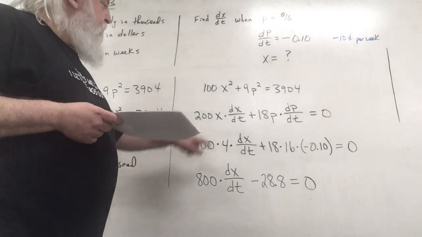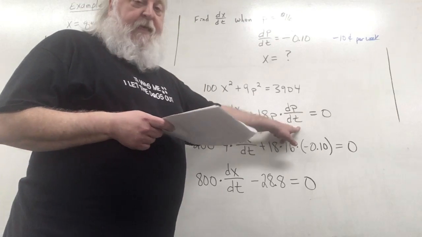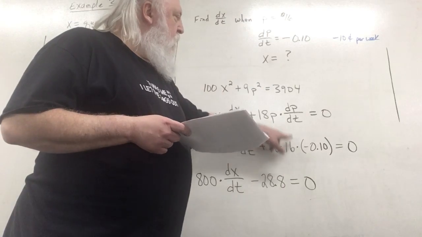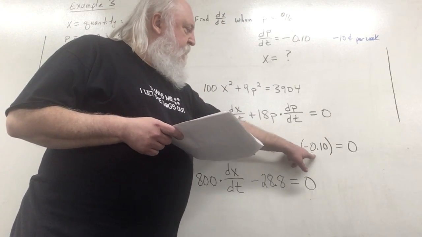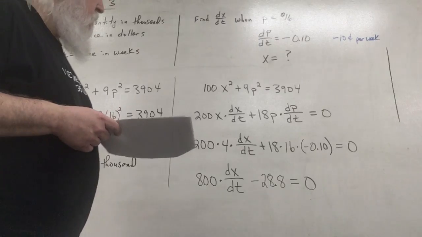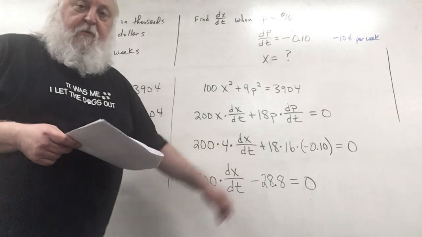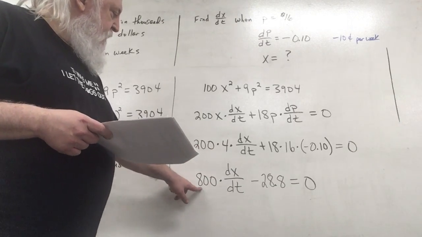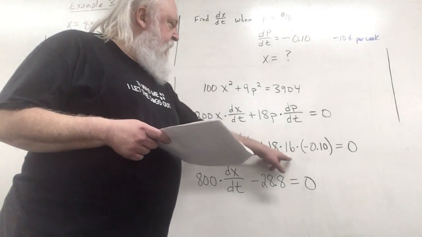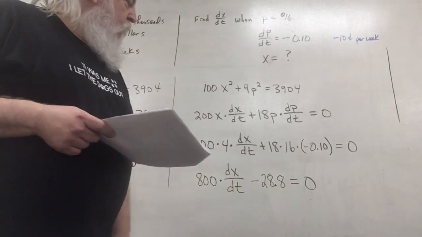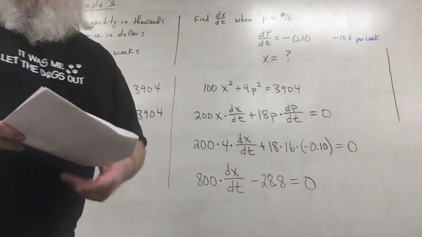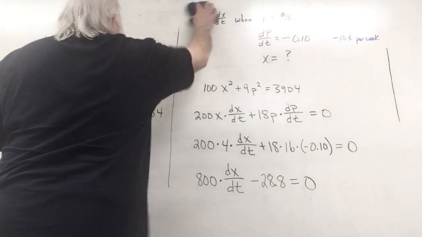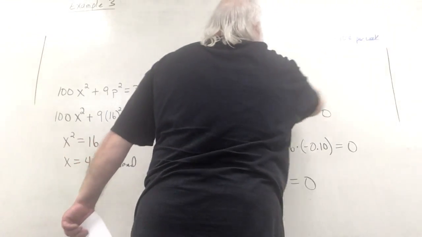So now we can plug in for x, p, and dp over dt. X is 4, p is 16, and dp over dt is minus 0.10. And now we just have to do the arithmetic to solve for dx over dt. 200 times 4 is 800, and 18 times 16 times a negative 0.1 is minus 28.8. So I need to do a little erasing, and we can finish solving for dx over dt.